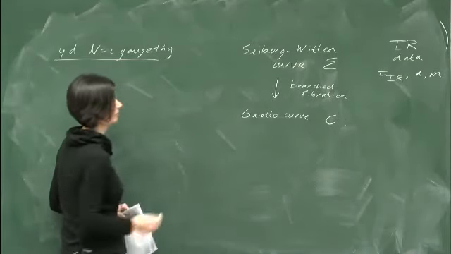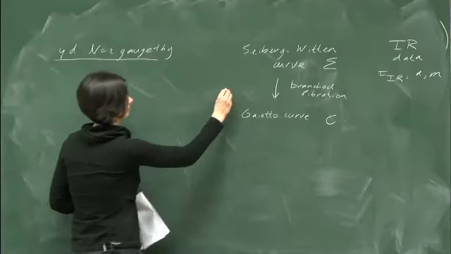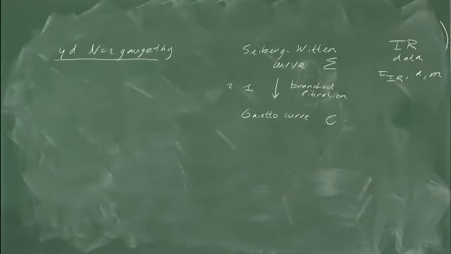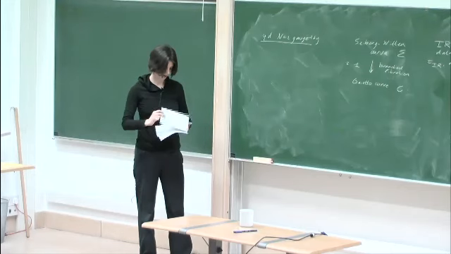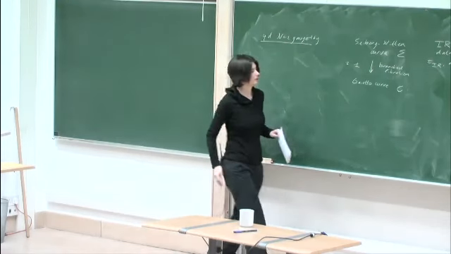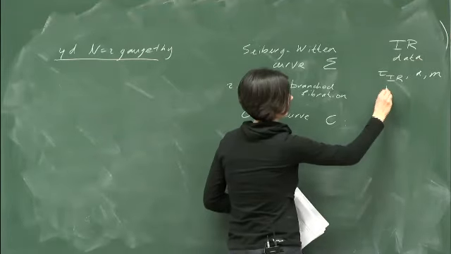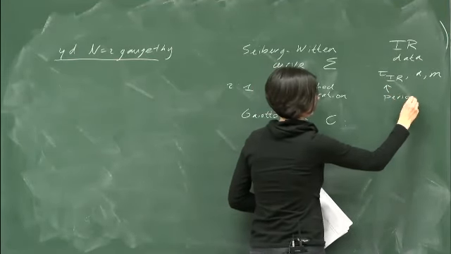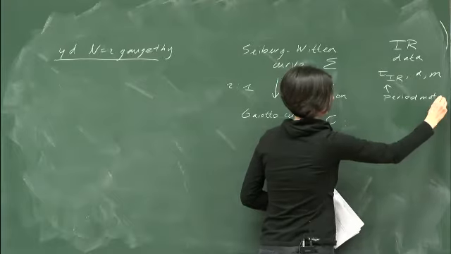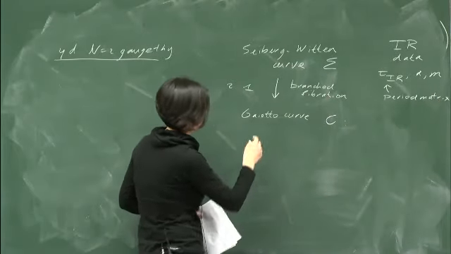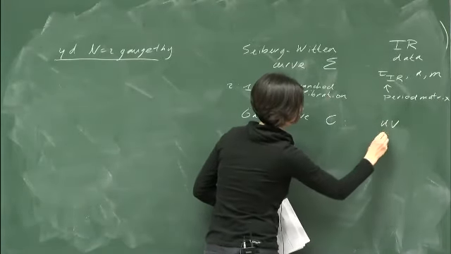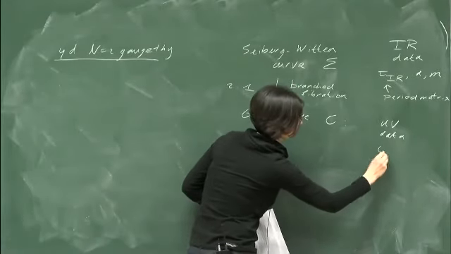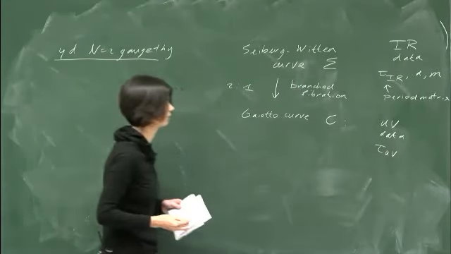So in the theories that we will be interested in, this is a 2-to-1 covering. So maybe I should say that this IR coupling is the period matrix of the Seiberg-Witten curve. So this Gaiotto curve encodes all the UV data, and in particular, as we saw before, it encodes this UV coupling.